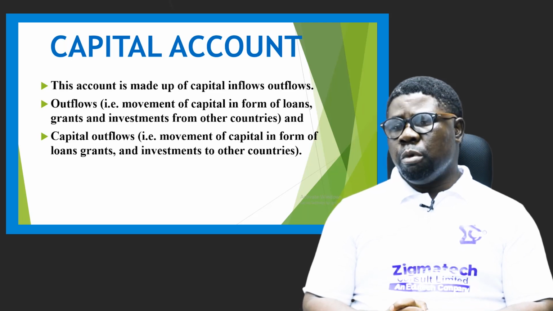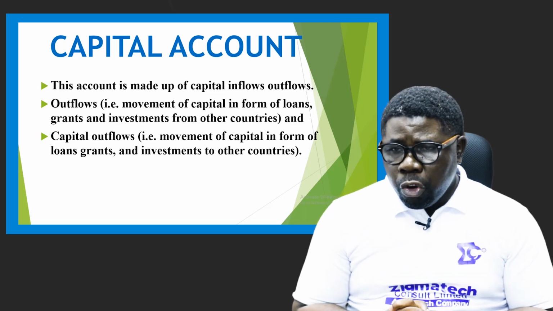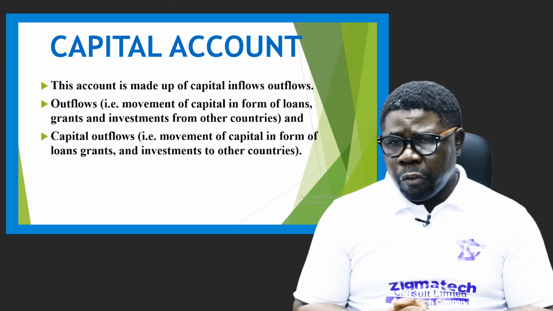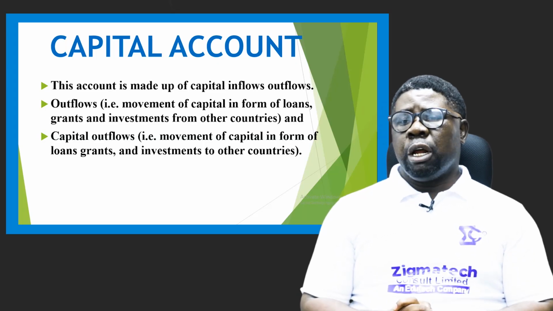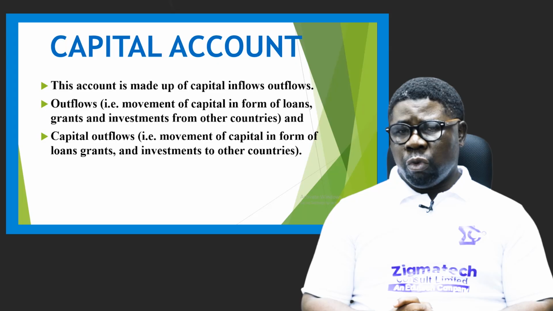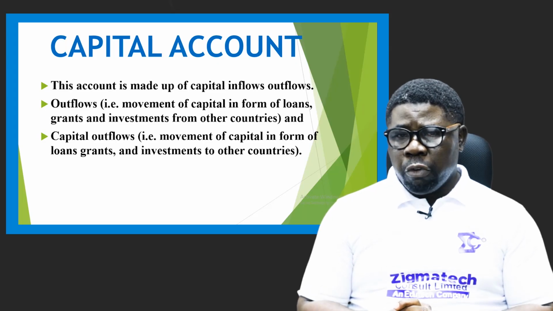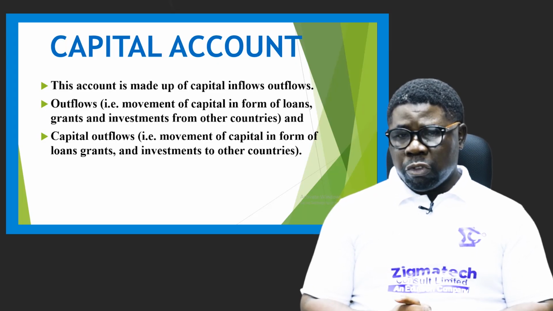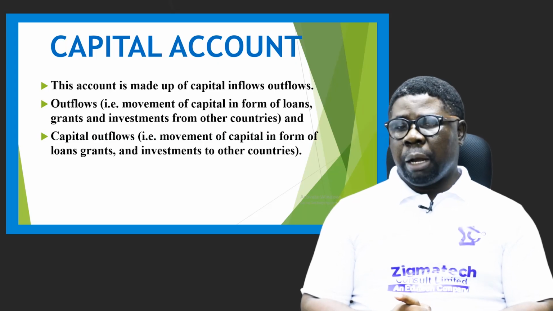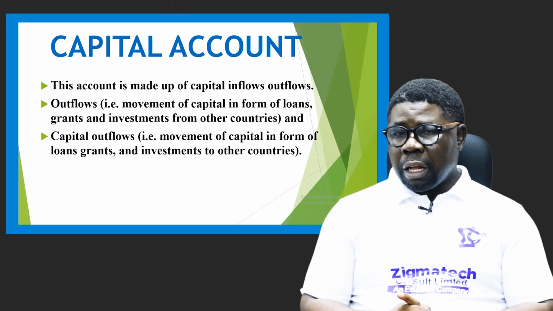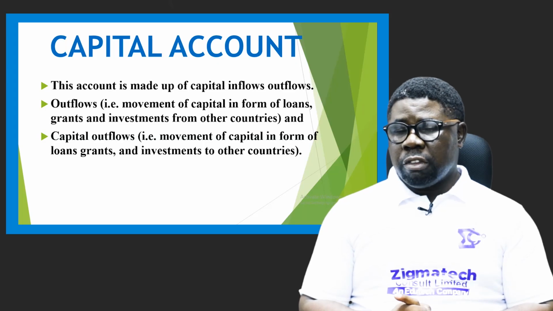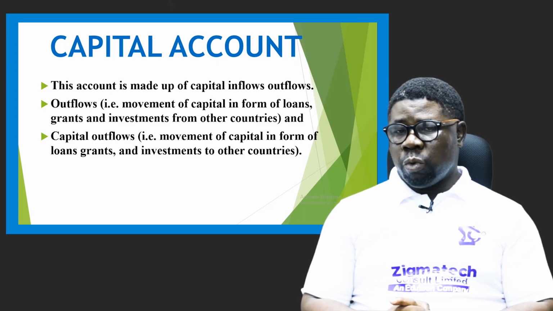So when you move capital from one country to another country, it's an outflow. When you bring in capital from other countries into a country, it's called what? An inflow. So what we have there should be inflows and what? Outflows. So we have capital inflow and capital outflow. So the first one is capital inflow, and the second one is what?